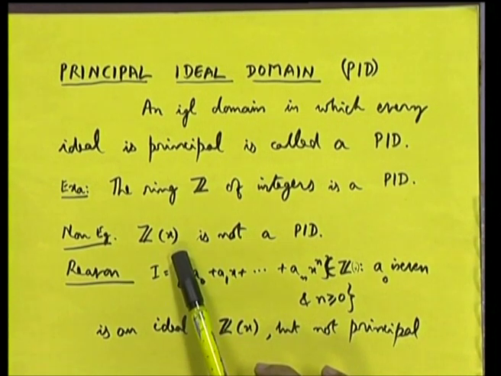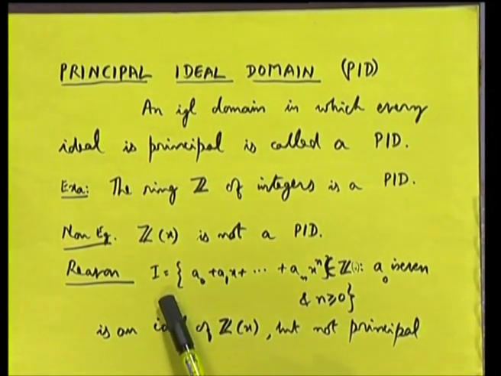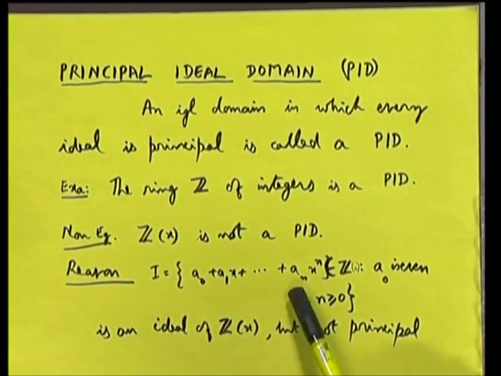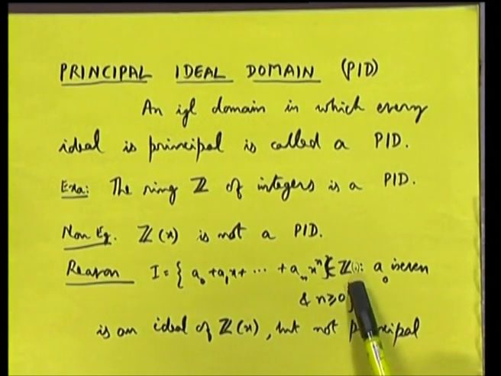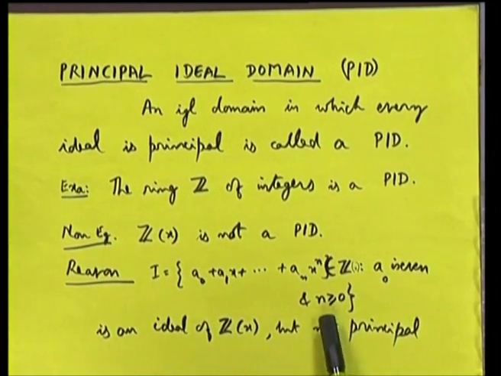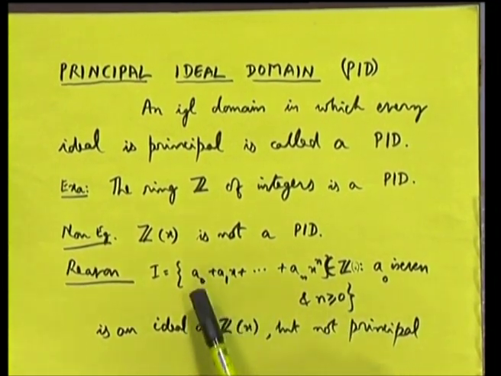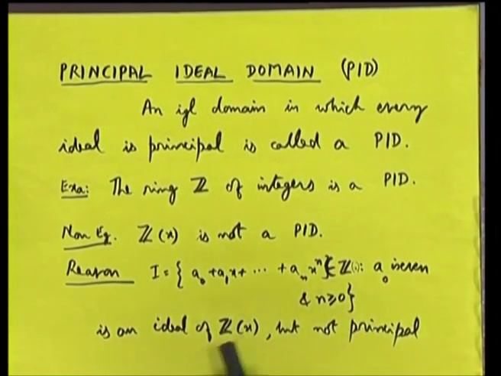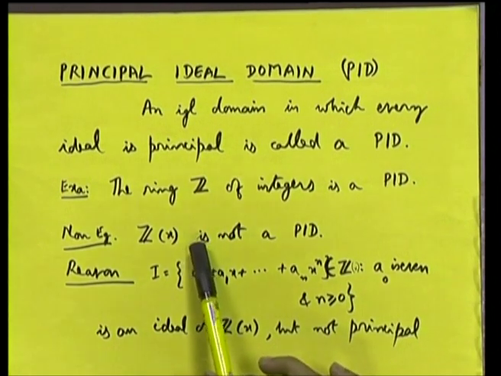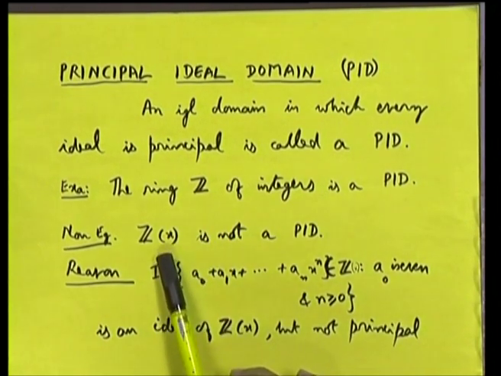To do this, we consider the ideal I defined as the set consisting of a0 + a1x + ... + anx^n belonging to Z[x], such that the constant term a0 is even and n is a non-negative integer. We can see that this ideal is not principal. This set Z[x] cannot be a PID.